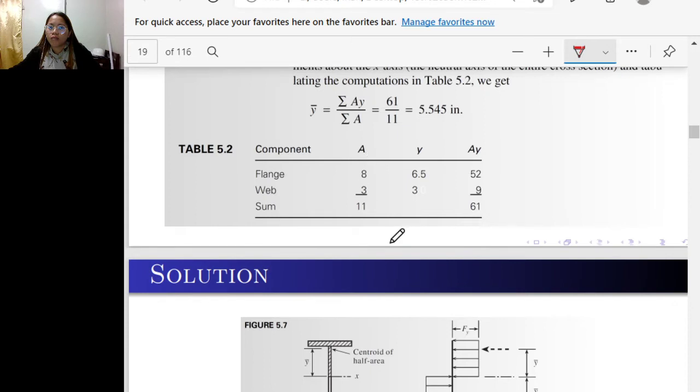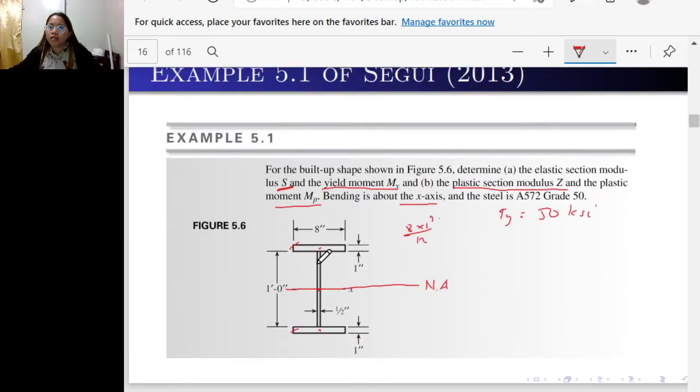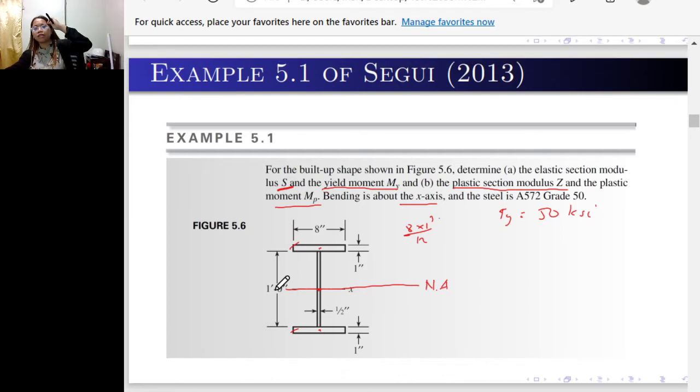So you have the area of the flange, which is 8 times 1, so 8 square inch. The centroid of the flange is 6.5, and for the web, the area is given by the dimensions. You have this 1 foot times 1/2 inch, so that is 12 times 0.5, 6.